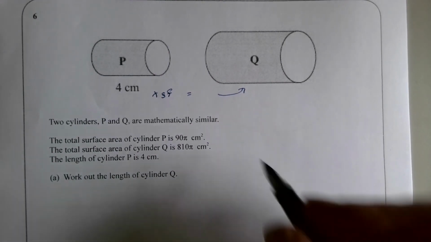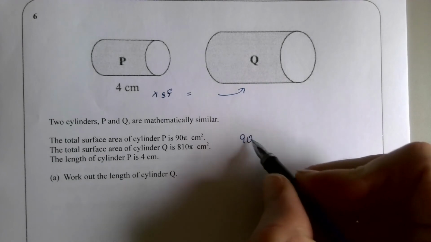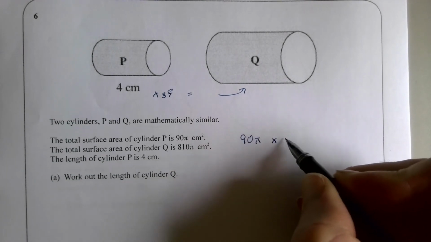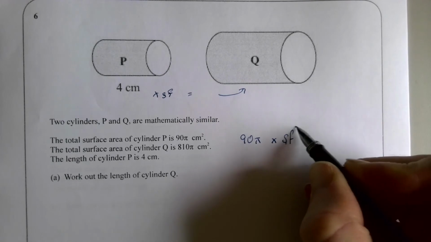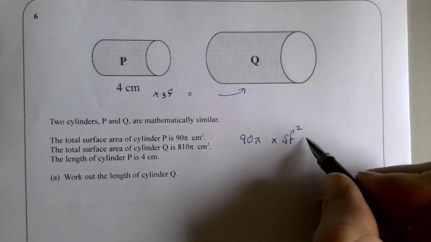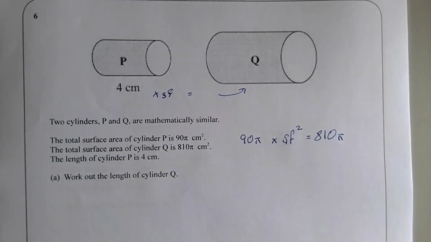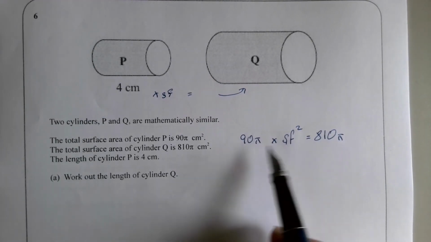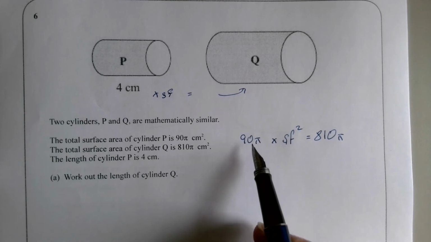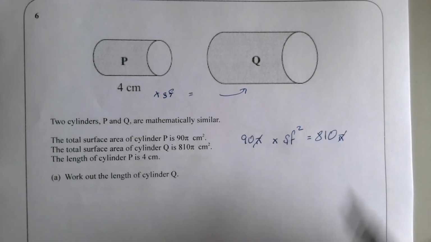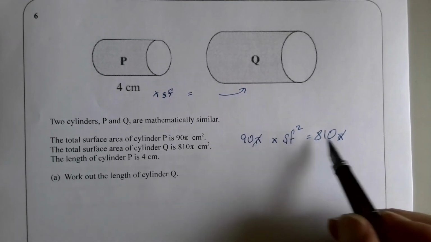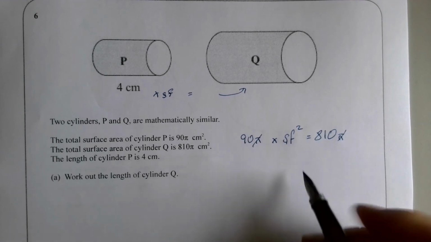We know the area of P, 90 pi, if that was multiplied by the scale factor squared, we would get 810 pi. Now we don't really need to worry about the pi, because we could divide both sides of this equation I've made by pi, couldn't I? So I just need to think 90, how many 90s?